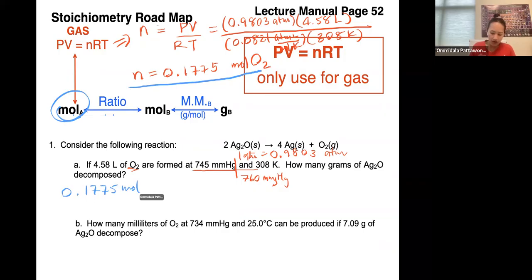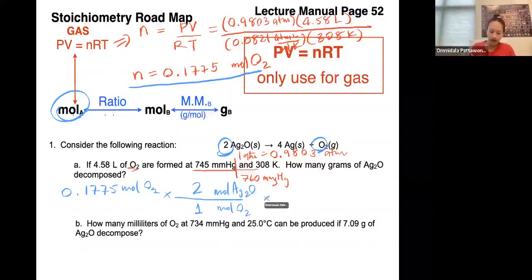0.1775 mole of oxygen to moles of silver oxide. So this is moles of silver oxide, and this is moles of oxygen. As you see, the reaction right here is giving us 2 to 1, so every 2 moles of silver oxide generate 1 mole of oxygen.